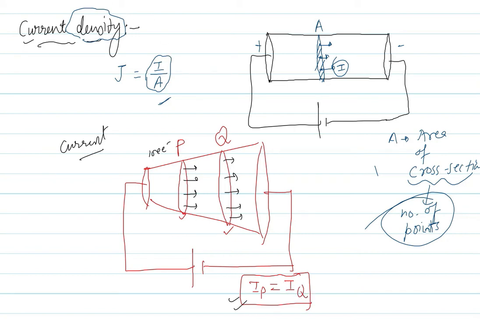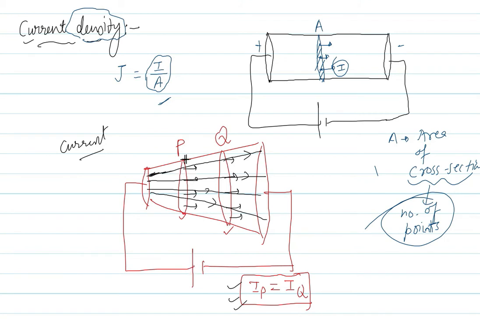Clear? Now you will think, sir, how is this variable cross sectional area going to affect the flow of current? Let me introduce this fact as well. See, if we consider the actual flow of current, this would be in this form. So the number of lines would appear the same through both the areas, representing this equation Ip equals Iq.